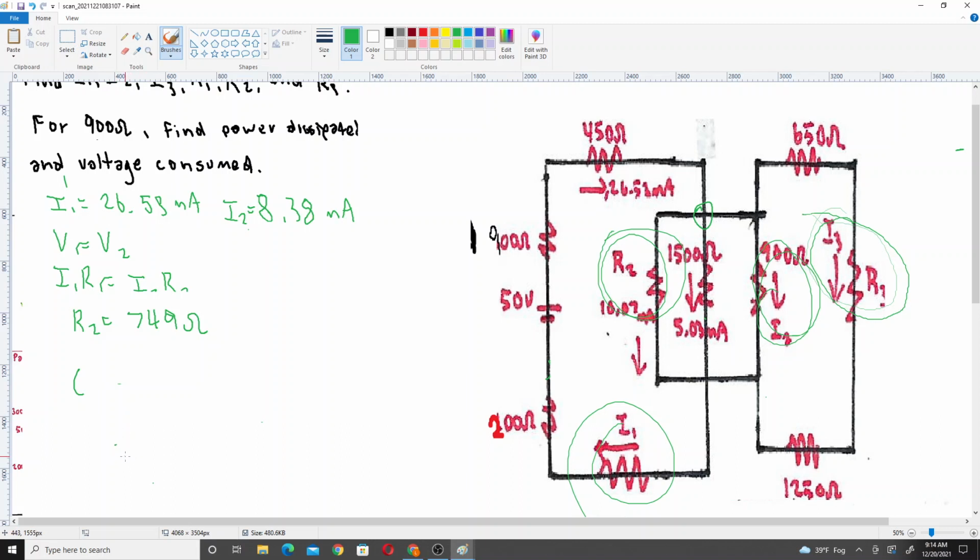Resistors in parallel, you have to do reciprocal addition. So in our case, all we have to do is say we have the 650 ohm plus R3 plus the 1250 ohm.